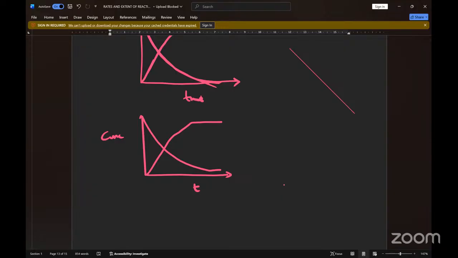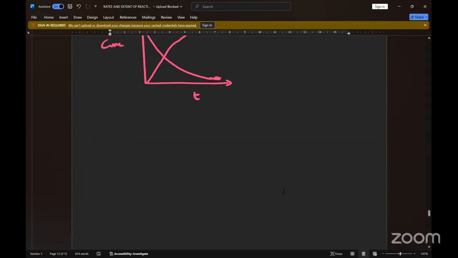The reason why it doesn't touch in this case is that they are trying to tell you that not all the reactants are consumed. In other words, the reaction progressed, and stopped, and there were some leftovers of the reactants. Not all of them are used, so it doesn't touch the x-axis or the time axis in this case. So this is very important. When you see them, you don't get confused.